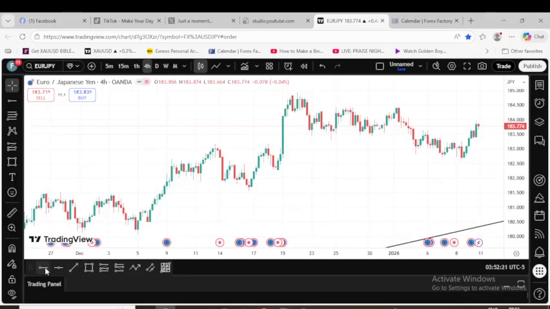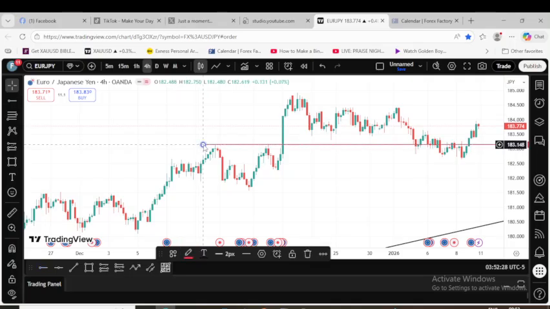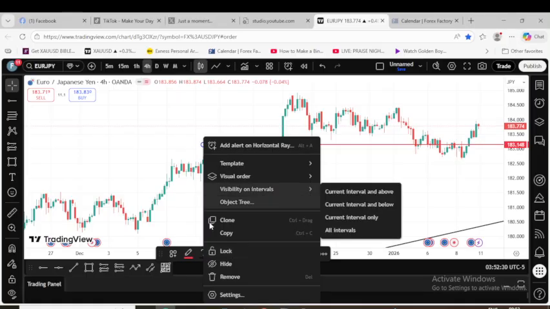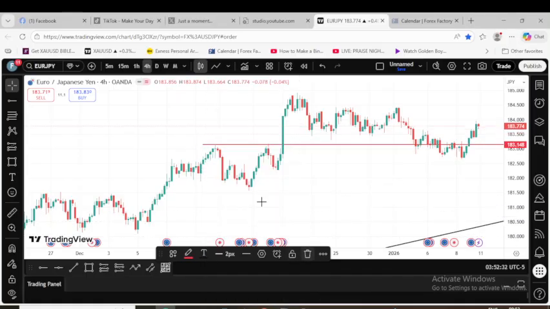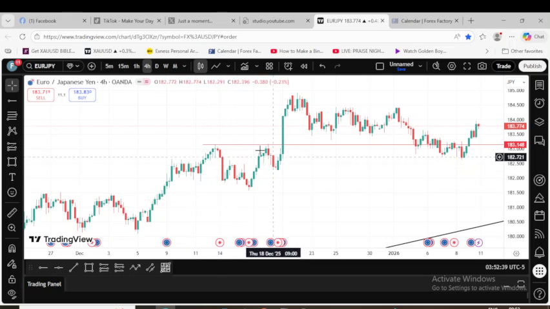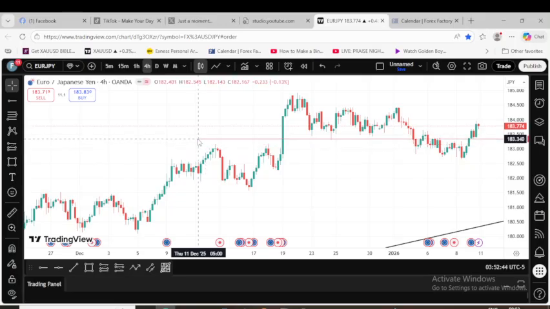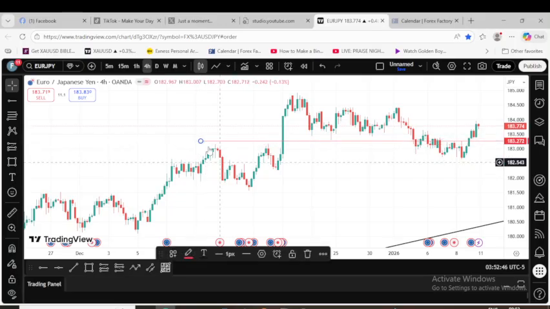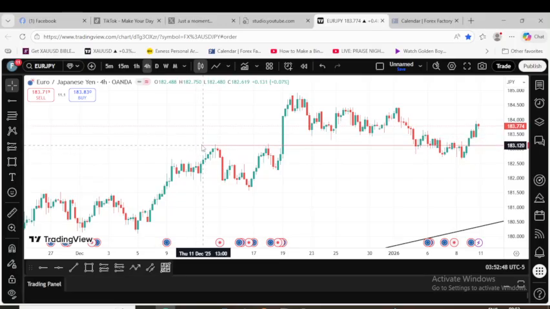Let's mark out our zones. This looks like a valid zone because price bounced off of this point twice.